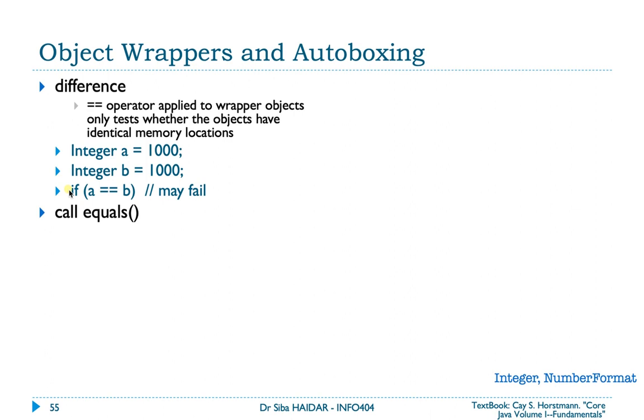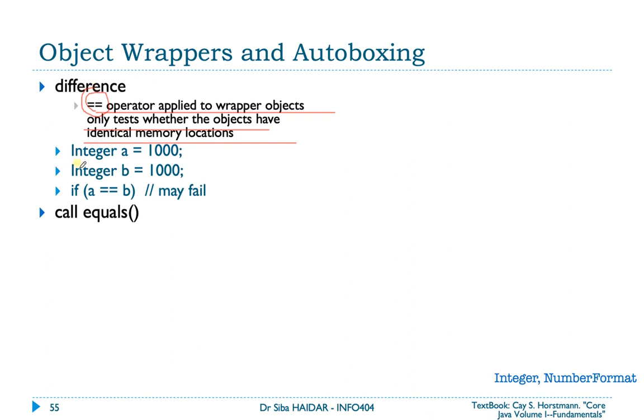For example, the == operator applied to wrapper objects only tests whether the objects have identical memory location. Do you remember? This is the == operator behavior. It tests whether those two object variables refer to the same object inside the memory.